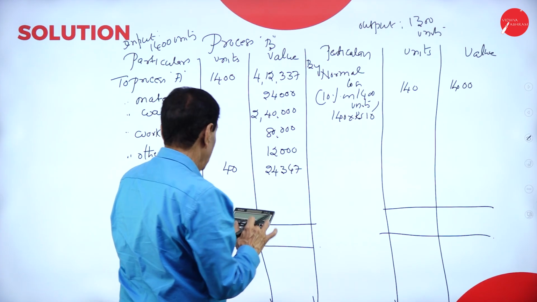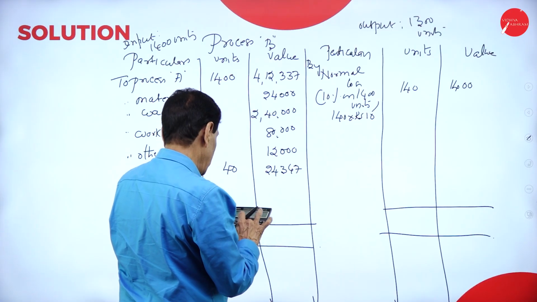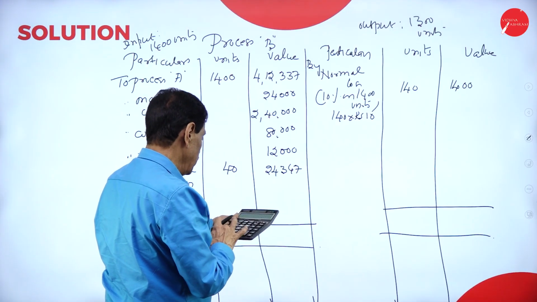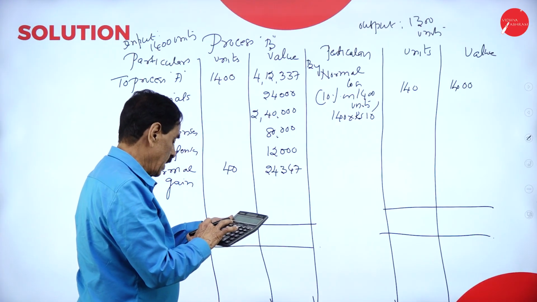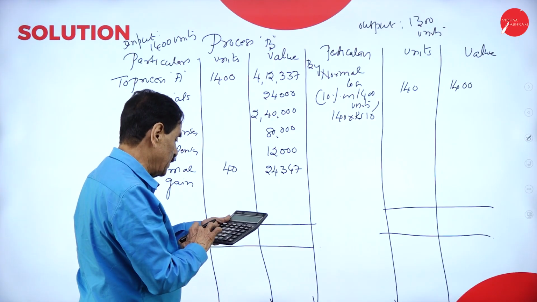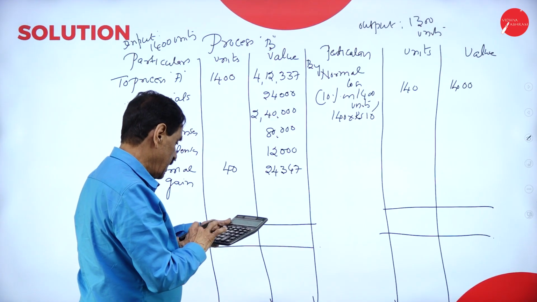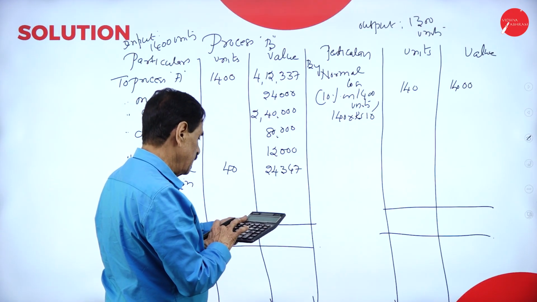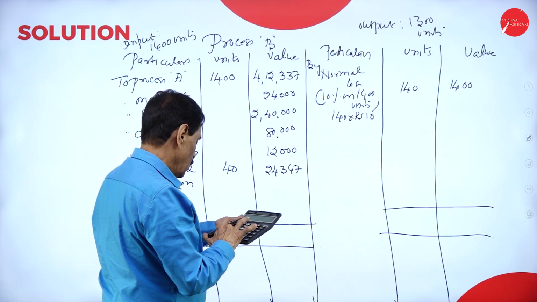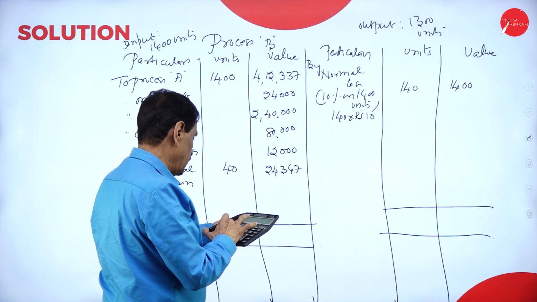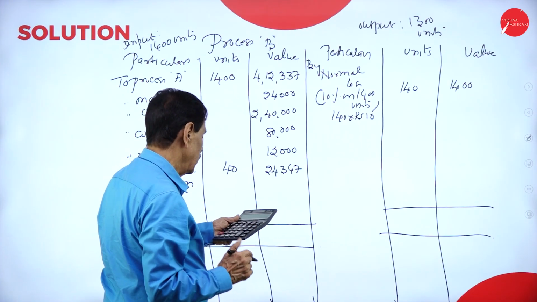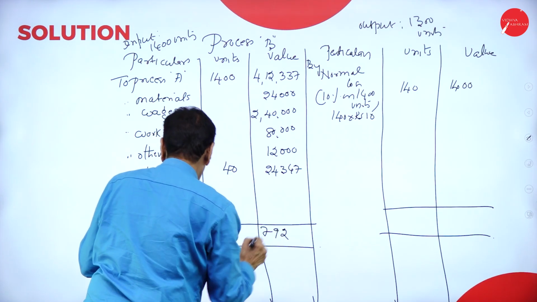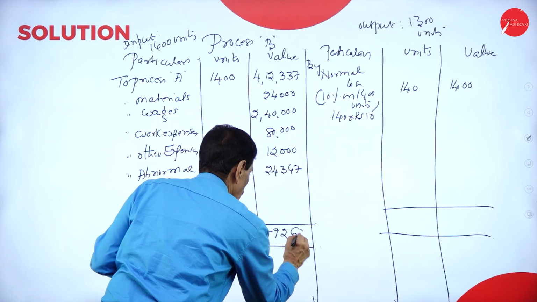This is 4,12,337 plus 24,000 plus 2,40,000 plus 80,000 plus 12,000 plus 24,347, which is 7,92,684.